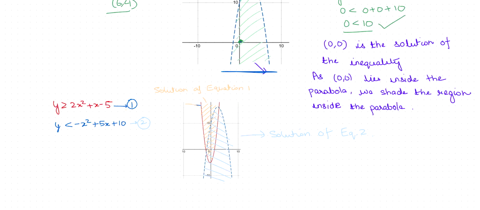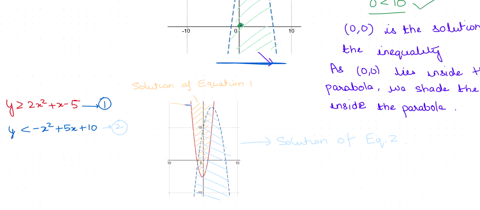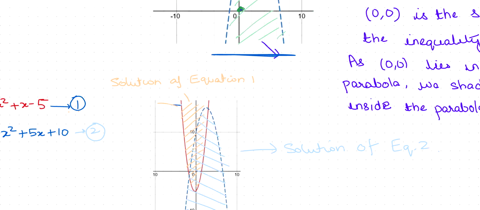Now the region where the two graphs overlap is the solution of the system. The overlap is this region with the green color, where both the orange and light blue shades are there.